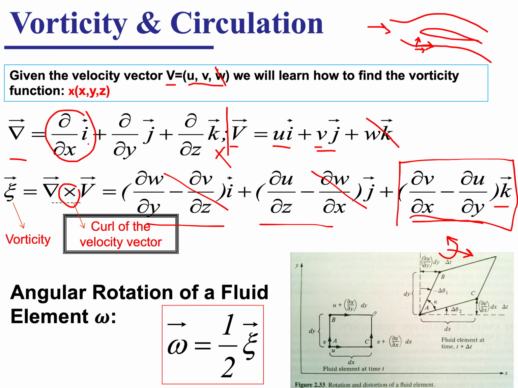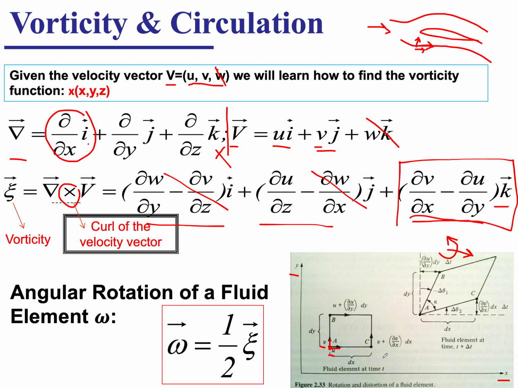So here I have a fluid element. This is my x, this is my y, and this is a flow field. So there is this point A moving with velocity u horizontally and v in the vertical direction, so u and v.